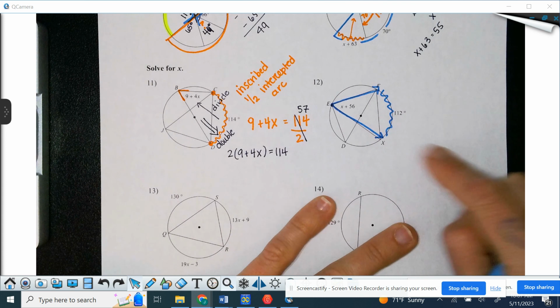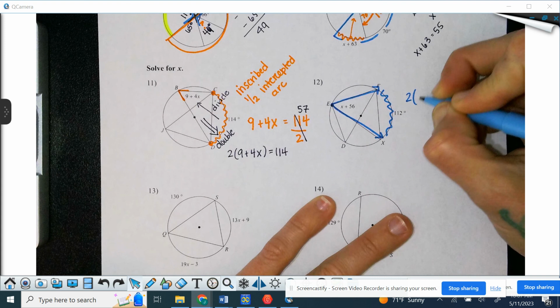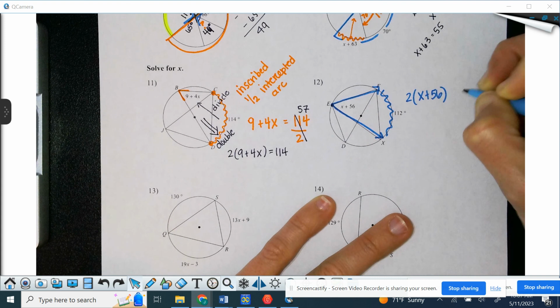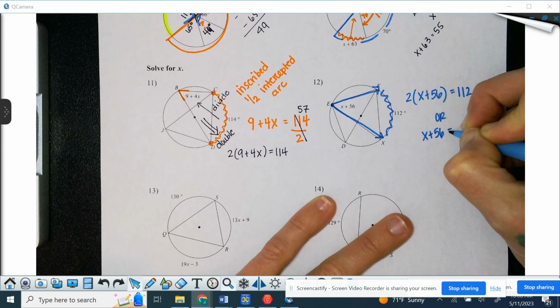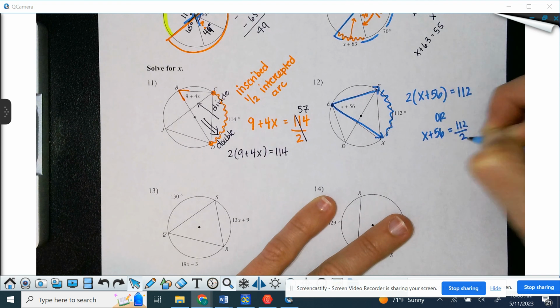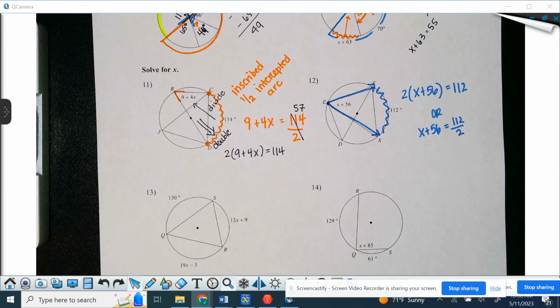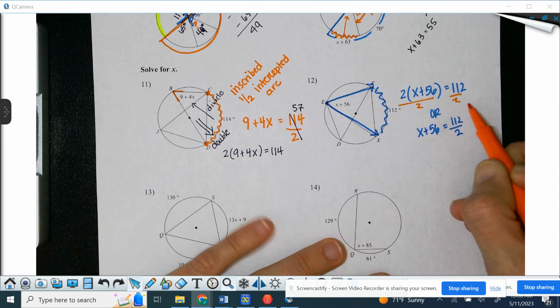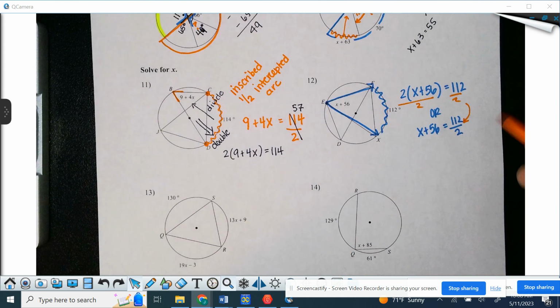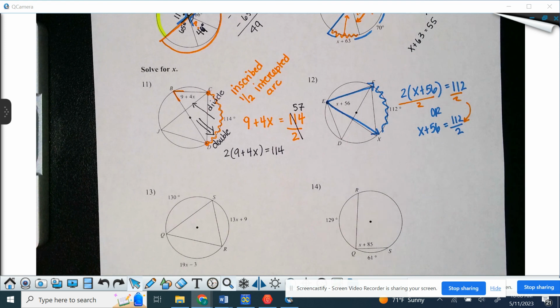So 2 times x plus 56 is equal to 112, or x plus 56 is equal to half of 112, or 112 divided by 2. Maybe you're seeing where, if I wanted to simplify this, I would divide by 2, and that's how I get here, or vice versa, get 2 out of the basement and multiply. I don't know if the pattern is very noticeable, but again, either way is correct. You're just going to work through and solve at that point.